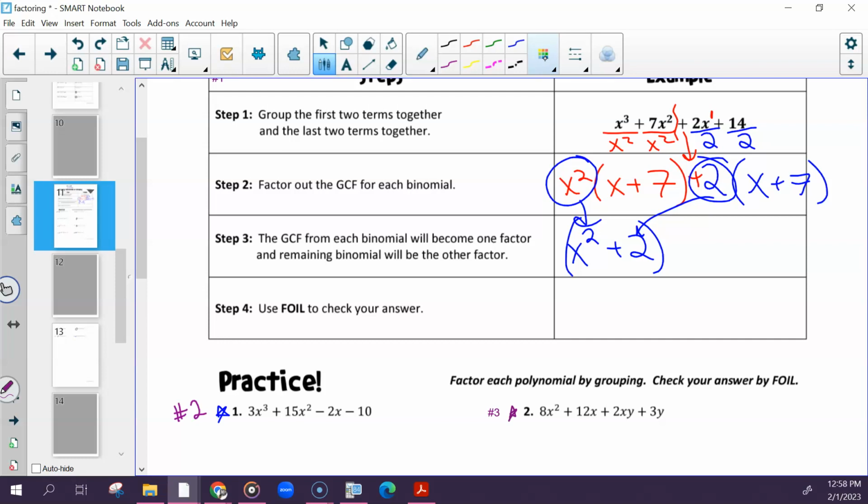So you're going to just write that as one factor. So our answers, or our factors, would be x squared plus 2, x plus 7, both in their own sets of parentheses.